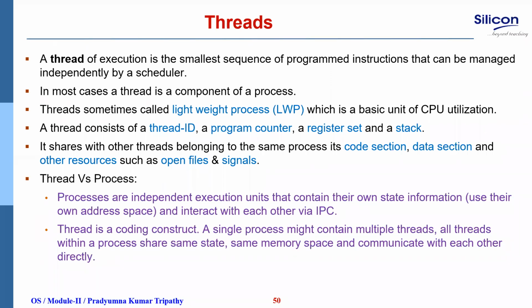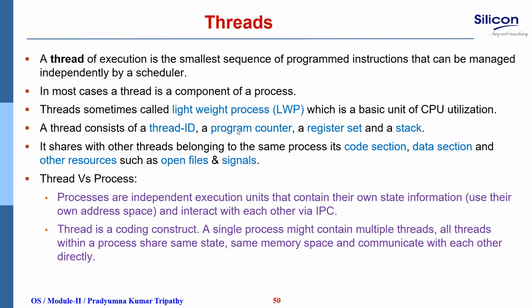What does a thread have? Thread has only the thread ID, an identification number. Every thread has a unique ID. A thread consists of thread ID, program counter, register set, and stack. Are you getting me? Only these four: thread ID, program counter, register set, and stack.